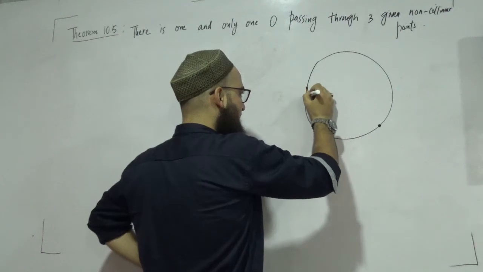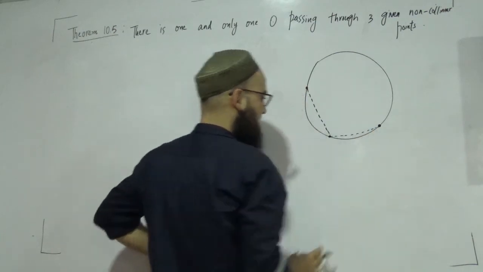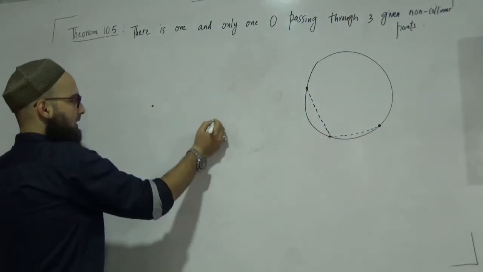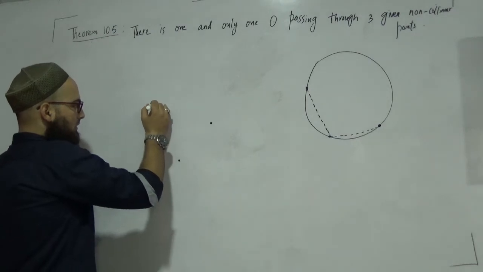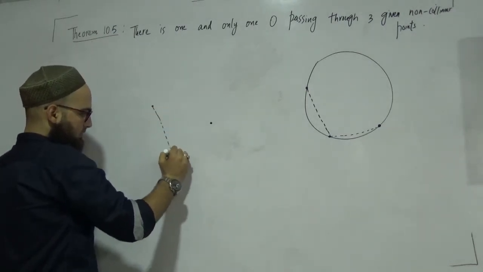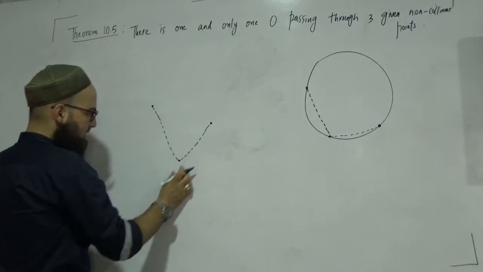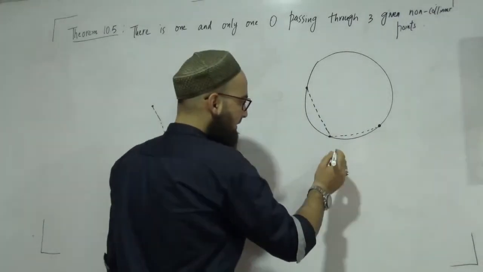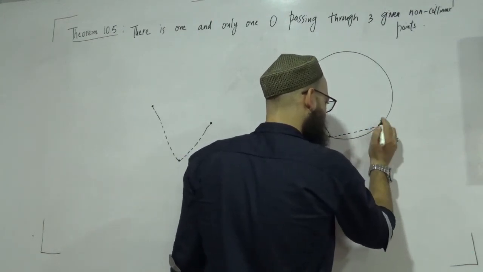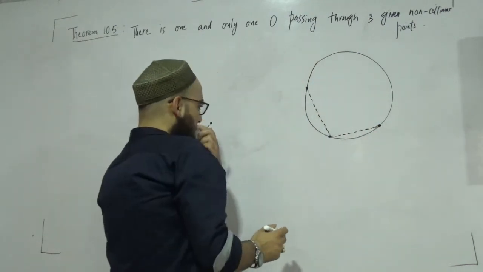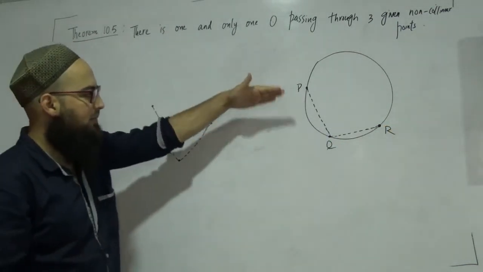If I join this and if I join this, if I have three non-collinear points, and if I name them, for example, P, Q, R. Now let us draw the perpendicular bisector of PQ.